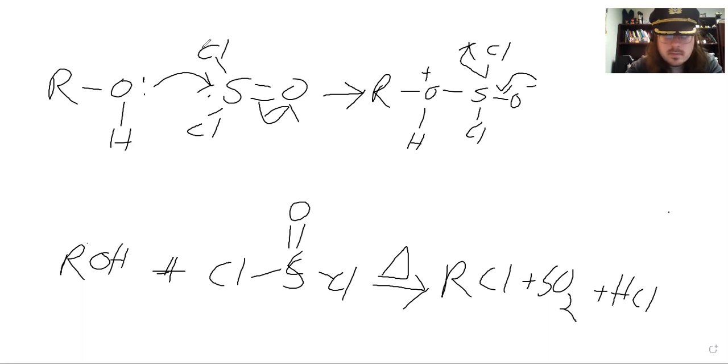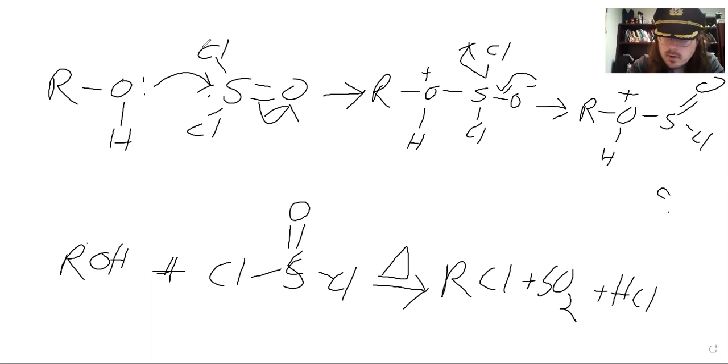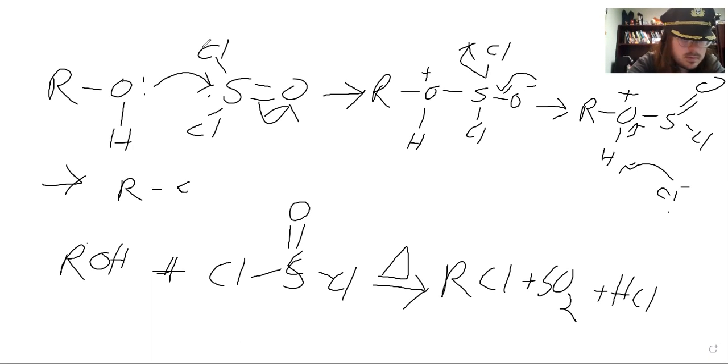From there, we have R, O, plus H, and the S(O)Cl. The chloride can deprotonate the alcohol to form this.